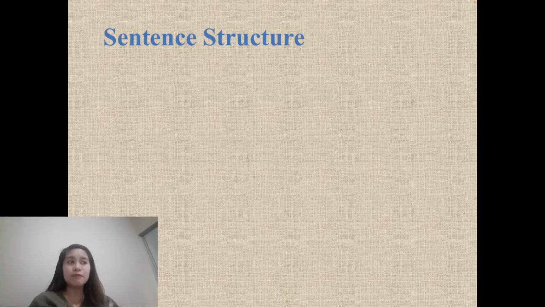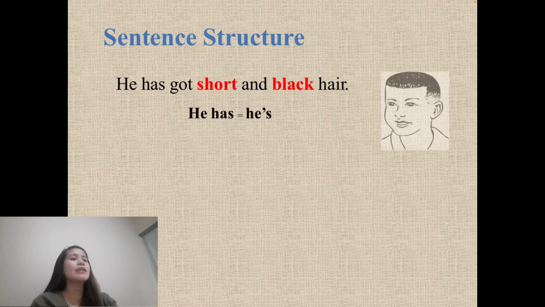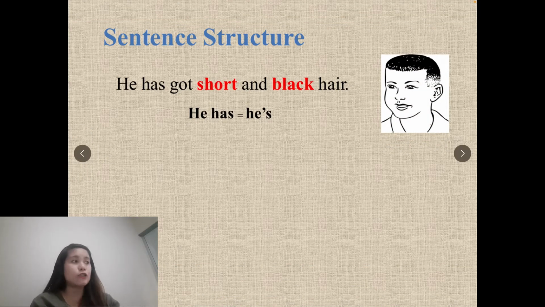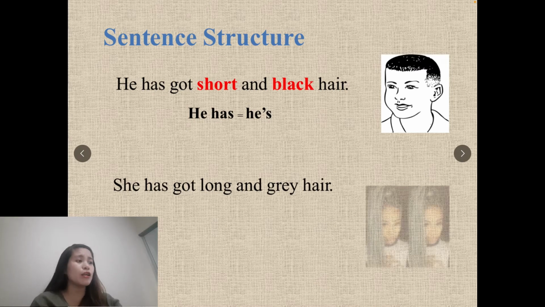Okay, so to review, we have here the sentence structure. So the very first one we have here, he has got short and black hair. So you can see the boy. So the boy, he has got. To make it short, instead of he has, we say he's. He's got. So we say he's got short and black hair. Also with the girl.